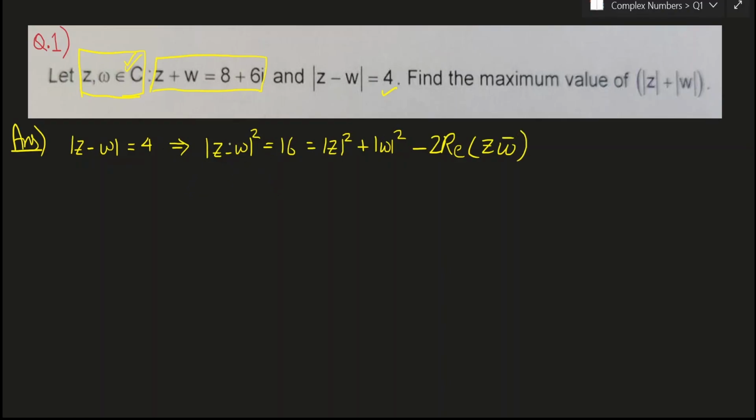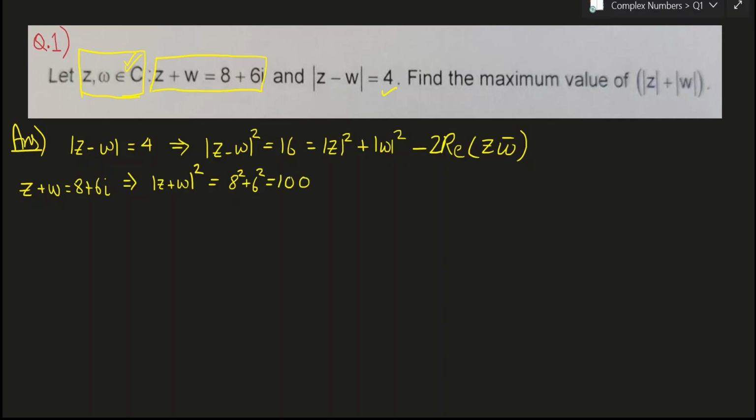Now, we have also been given z plus omega equal to 8 plus 6i. So what I'm going to do is take the mod of z plus omega, and I'm going to take the square of it, which is equal to 8 square plus 6 square, which is 64 plus 36, equal to 100.